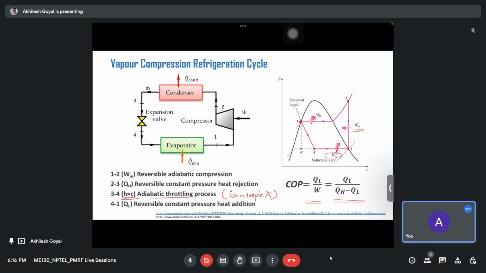Okay, and if we talk about refrigerants, there are various refrigerants. These are based on either ethane or methane. In ethane or methane based refrigerants, one or more hydrogen atoms are replaced by either chlorine or fluorine. These refrigerants are called chlorofluorocarbons, CFC.